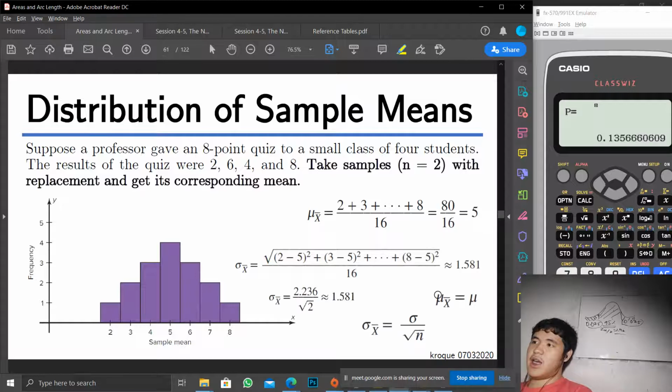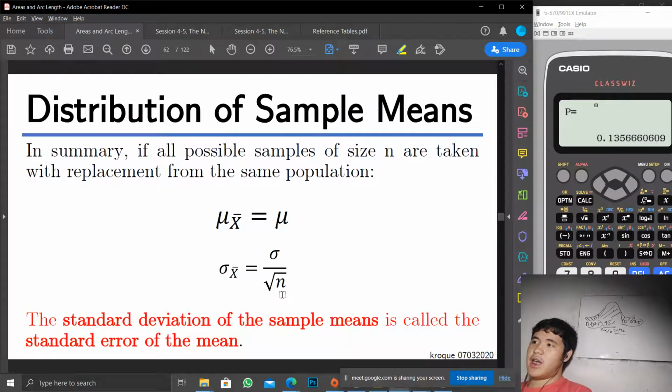Mu x is equal to mu. Then the standard deviation of the sample means is the standard deviation of the population over square root of n, right? So, remember this, it's important. The standard deviation of the sample means is called the standard error of the mean. That is the new name for it.